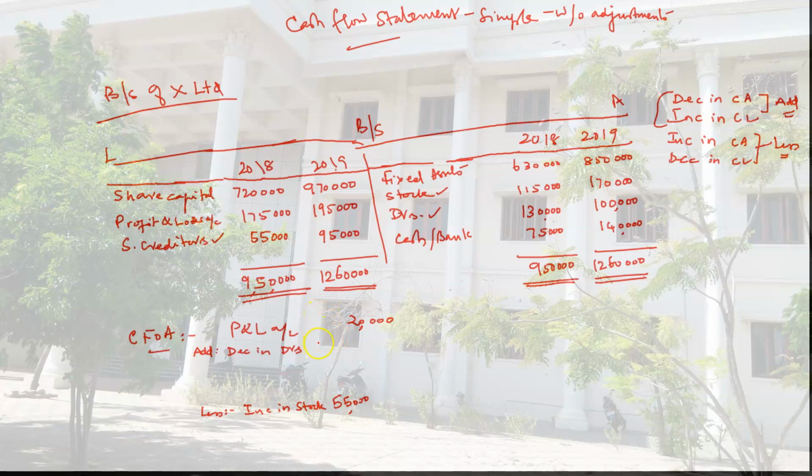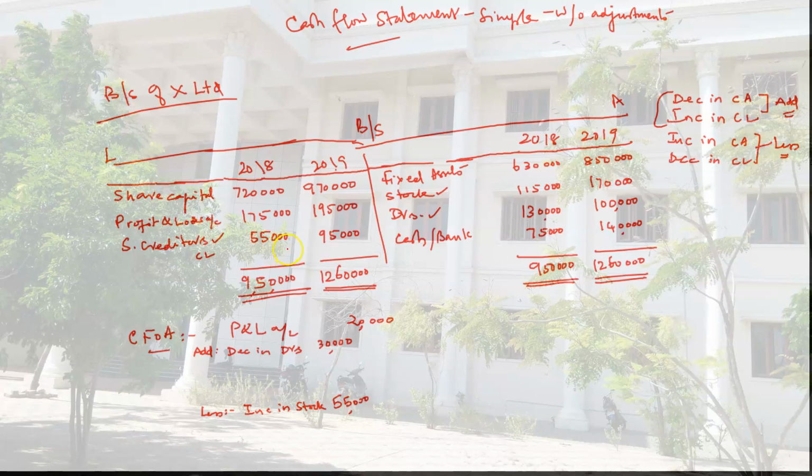The difference is 30,000. In case of creditors, there is an increase of around 40,000. So creditors being a current liability, an increase in current liability means you managed to get more credit. Comparing to 2018, in 2019 you managed to get more credit. That means you will have more cash.